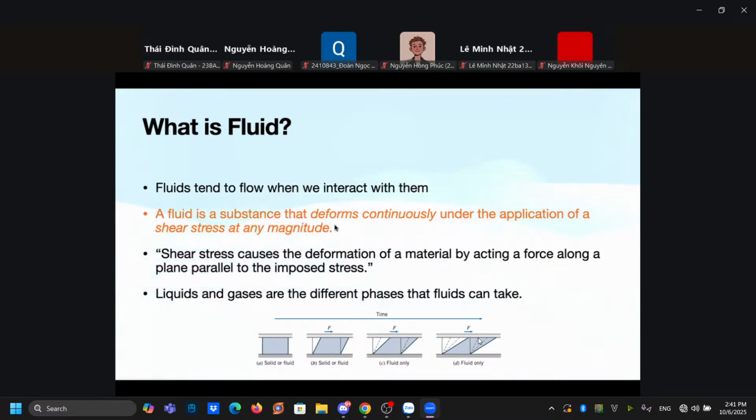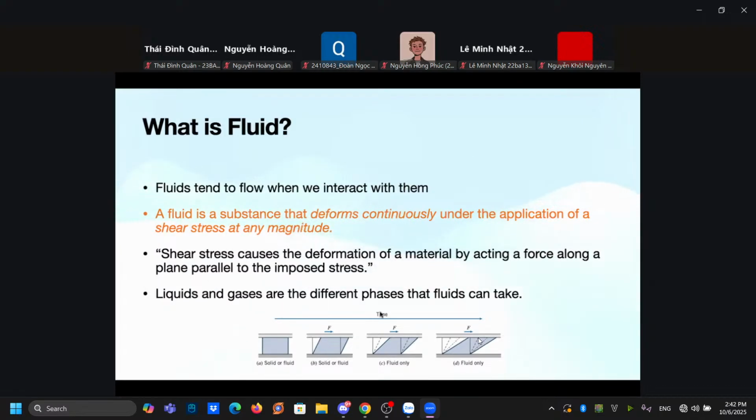For the table, if you try directly with your hand, or with your mobile phone, you try to squeeze or push it, it will not deform unless you apply a very large force. But for the water or the air, it will deform continuously when we interact with that. And shear stress can cause the deformation of material by acting a force along the plane parallel to the stress.